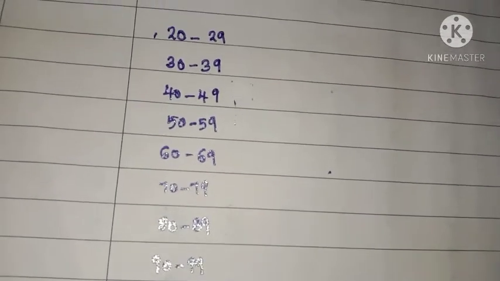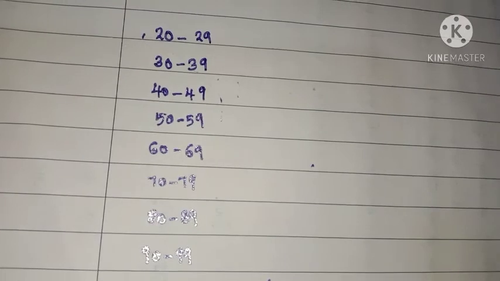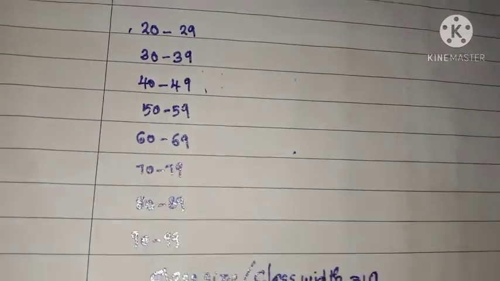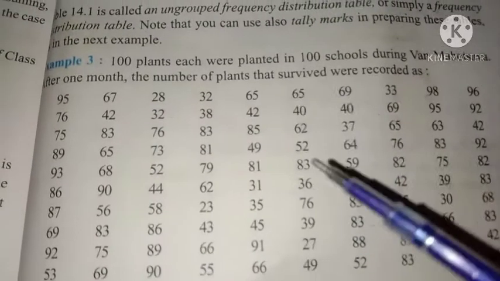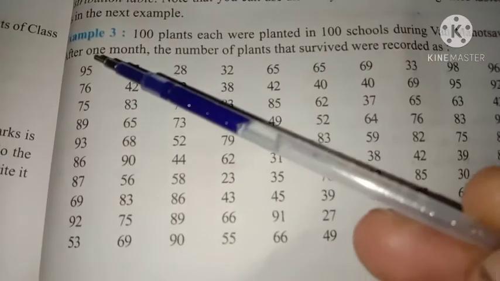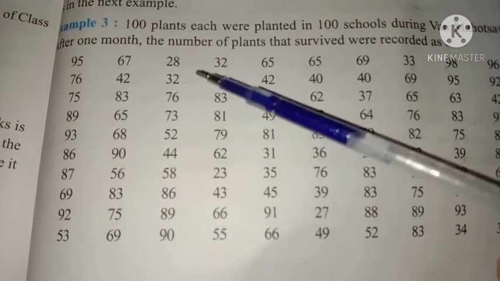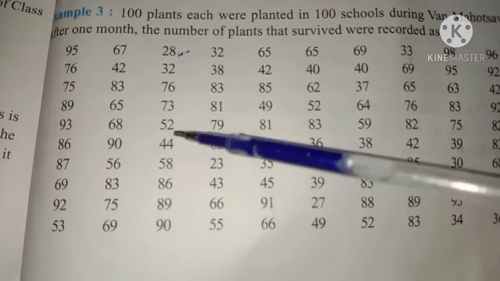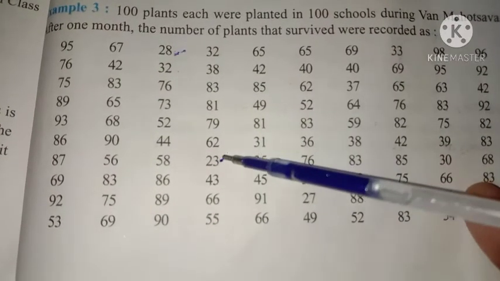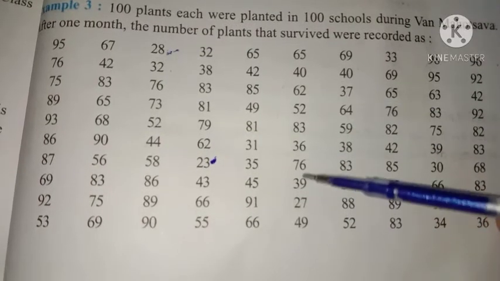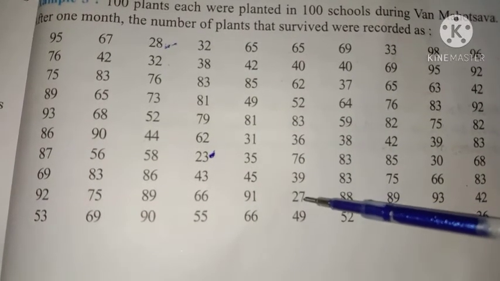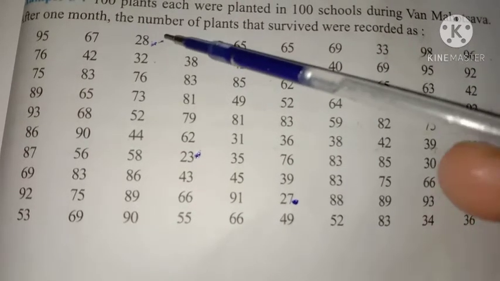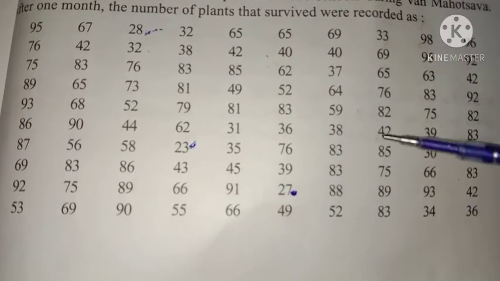Now see how many plants survived in the class interval 20 to 29. Just count. Through this data we can see 28, 23, 27.